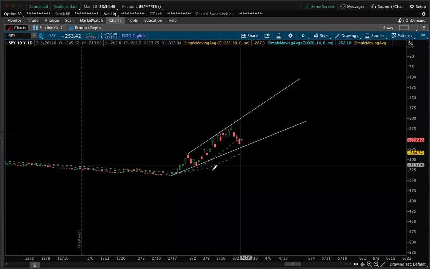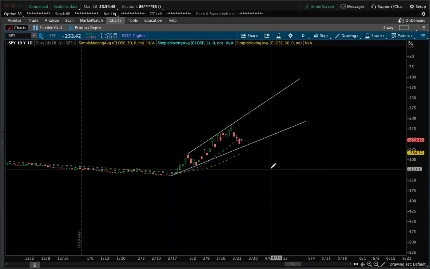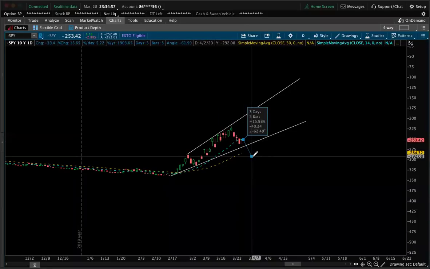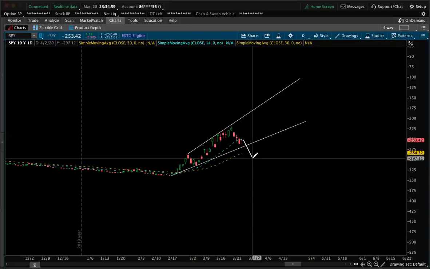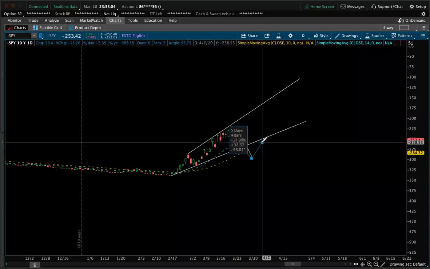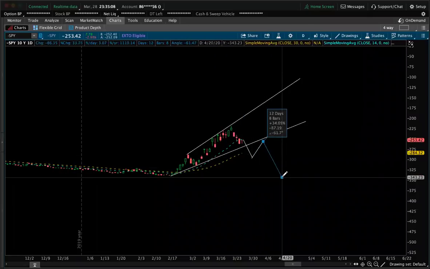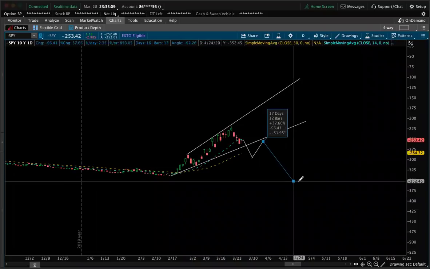So this 30 SMA is going to curve. The 14 is going to come down as well, so we've got to pay attention to that. We would definitely need a drop below. Price comes down, retests the 14, rejects it, and it starts coming right back down again. I mean, this could get interesting. I don't know.